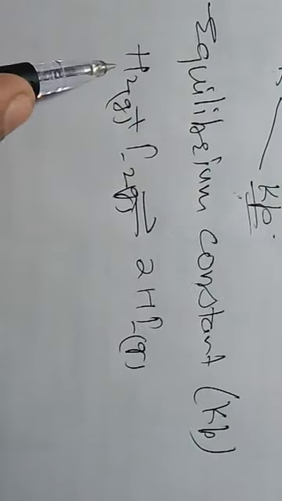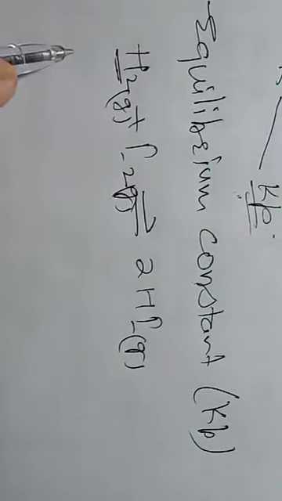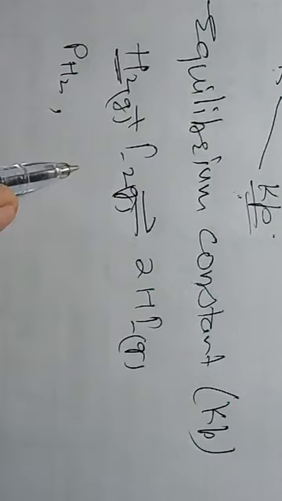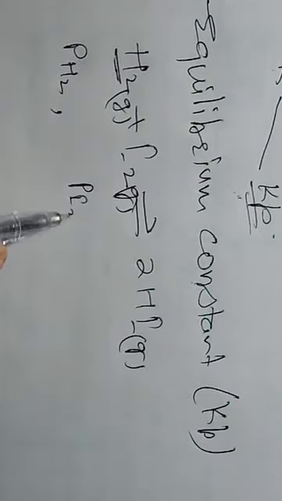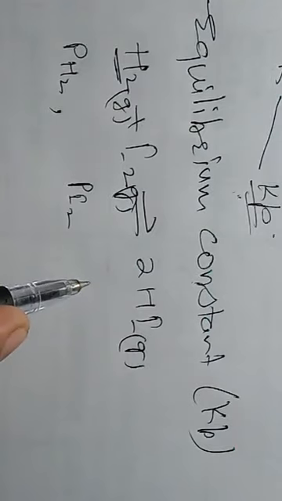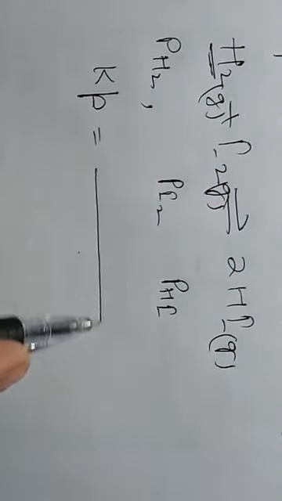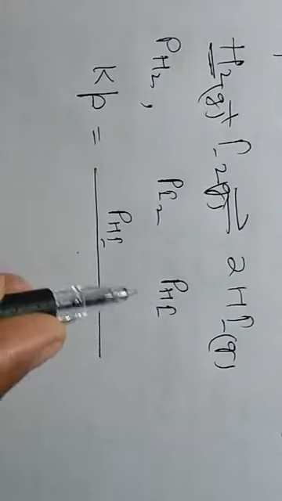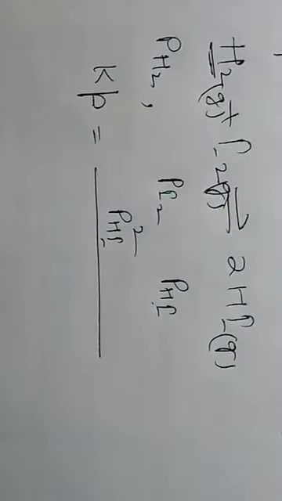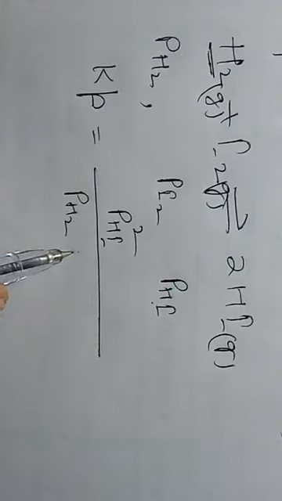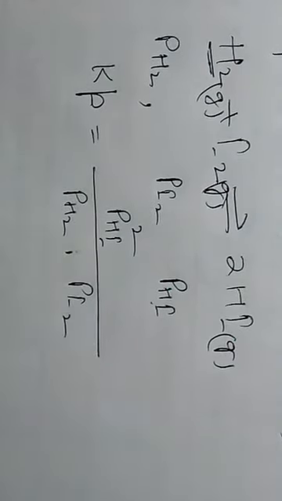So if the partial pressure of hydrogen in the system is PH2, the partial pressure of iodine in the system is PI2, and the partial pressure of HI in the system is PHI, then according to the law of chemical equilibrium, Kp will be equal to the product in terms of partial pressure divided by the reactants in terms of partial pressure.